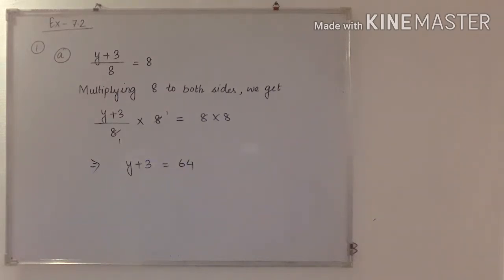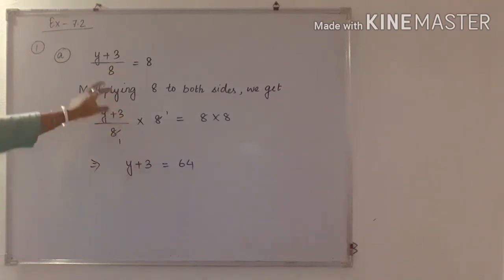So see here, y plus 3 by 8 is equal to 8, it is given, and they are asking to find the value of y plus 3. So we need only y plus 3 on the left hand side. They are not asking to find the value of y, they are asking to find the value of y plus 3. So we have to keep y plus 3 alone on the left hand side.